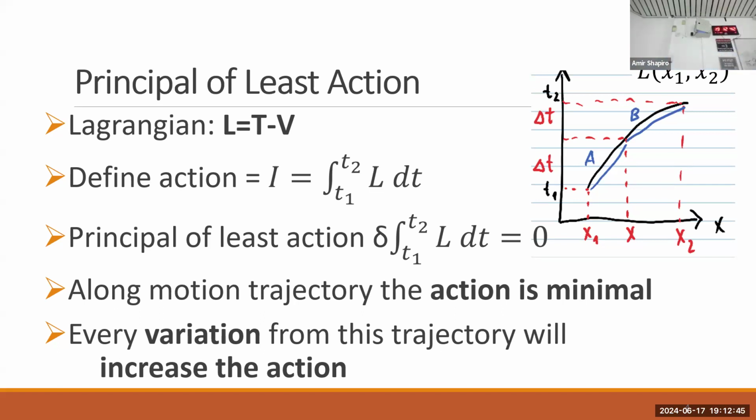So if we have here L of x1 and x2, where x is the configuration of the system, and the system is moving from t1, x1 to t2, x2 along some trajectory, then I can deviate a little bit, some variation of the path, the trajectory, and the system will find the trajectory such that this action will be minimal.